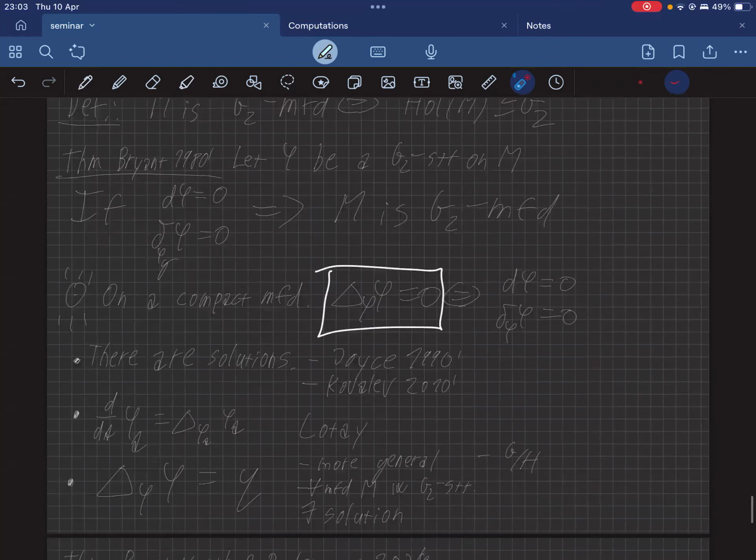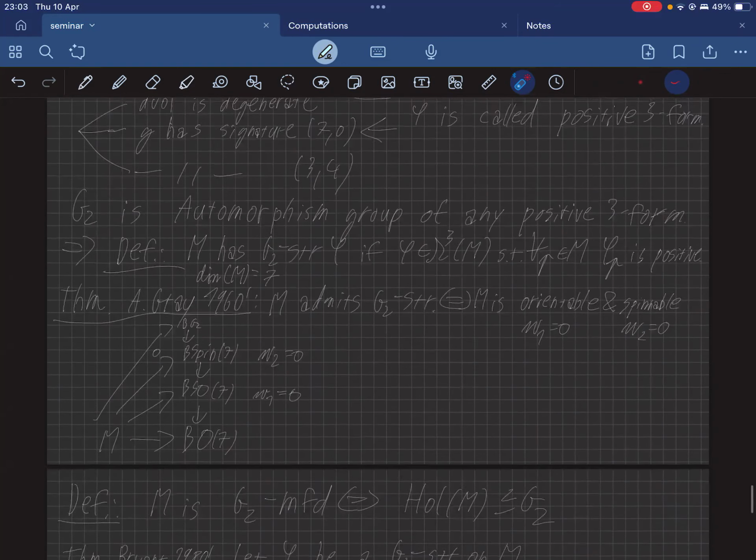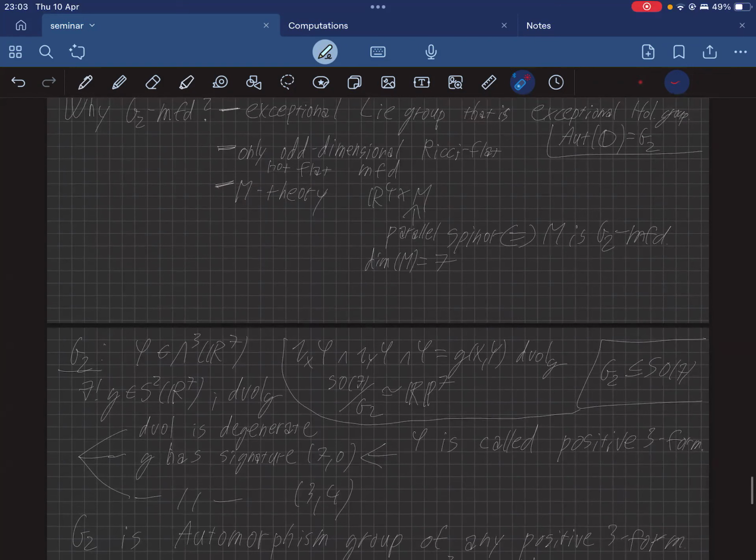Whether solutions of this equation can tell you something interesting for M theory?